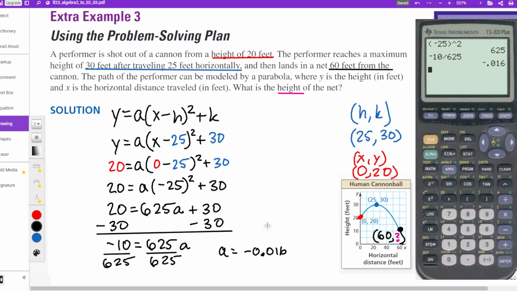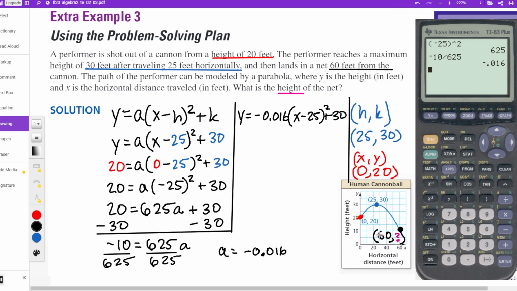Good. So we're going to take this value for a and put that into our equation here. So now our equation becomes y equals negative 0.016 times x minus 25 squared plus 30.